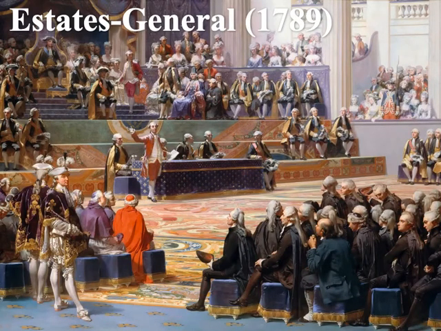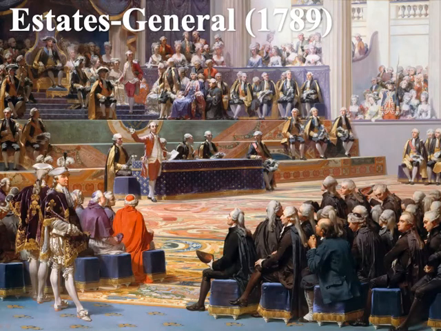This is the traditional French parliament in which representatives of each of the estates would come together as delegates and pass laws subject to the approval of the king. The Estates General had not been called since 1614. It had been a long time. Of course, Louis XIV and his successors really had no interest in sharing power with any type of parliamentary body.